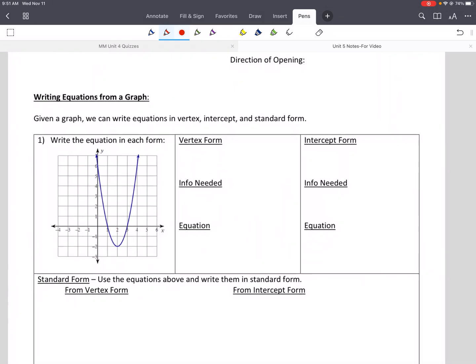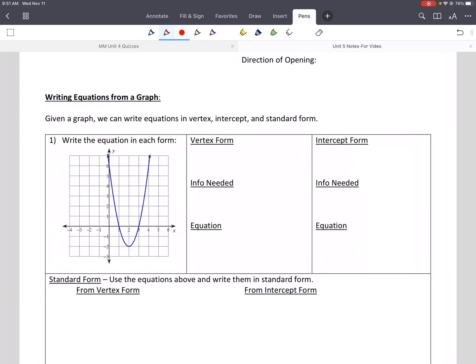All right. Now we're going to be talking about writing equations from graphs. So if I give you a graph, you're going to need to know how to write that in the different forms. Okay. Writing the equation in vertex form and intercept form is fairly straightforward because we can find that information really easily.